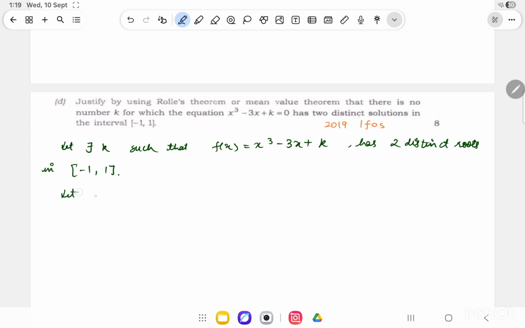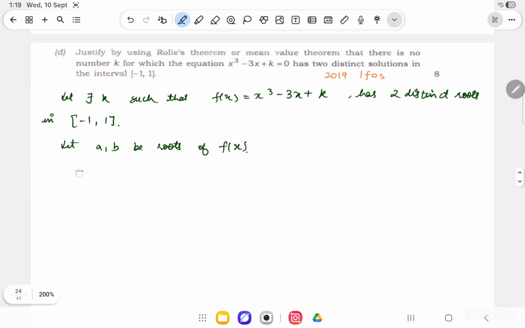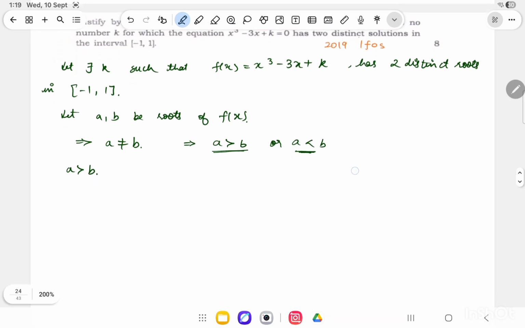So let a, b be roots of f(x). Since we have assumed that there are two distinct roots, a is not equal to b. So either a is greater than b or a is less than b. Without loss of generality we can assume that a is greater than b. Likewise we can prove the same result for a less than b.